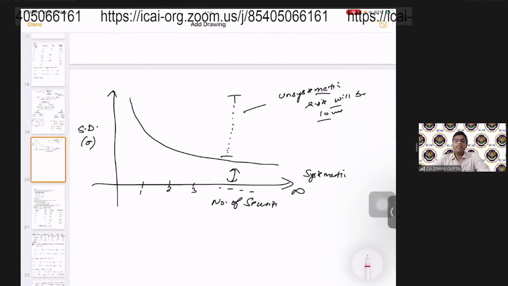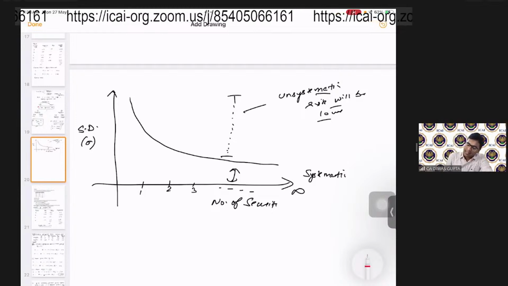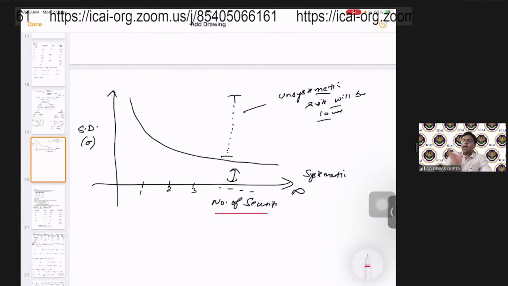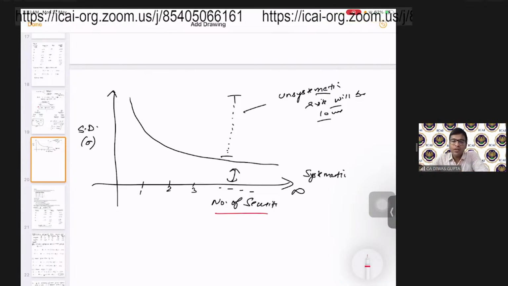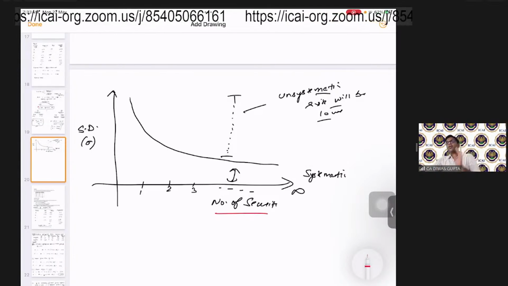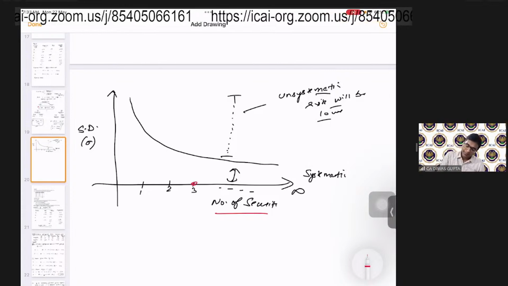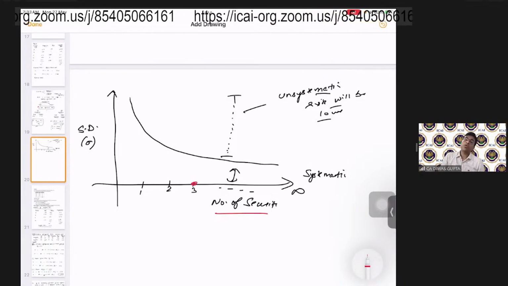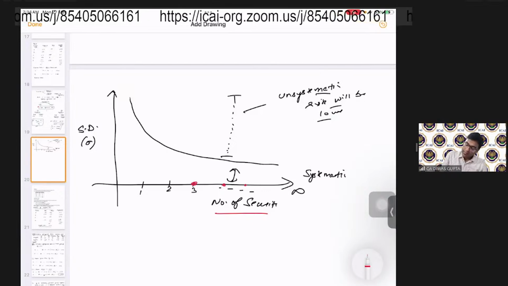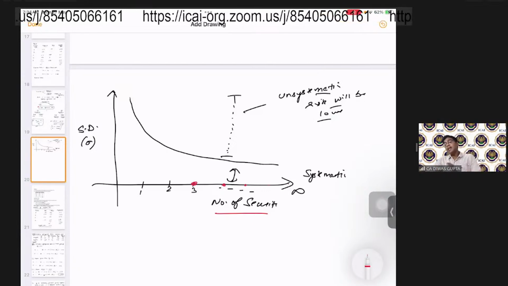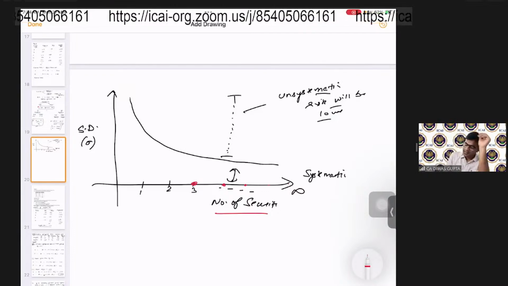Now, this is a very important graph, students. On the x-axis we have the number of securities, starting from 1, 2, 3. So let's say we have 3 securities put together here, 4 securities put together in a portfolio, like that. Then a portfolio with a very large number of securities will be towards the extreme right, this side.